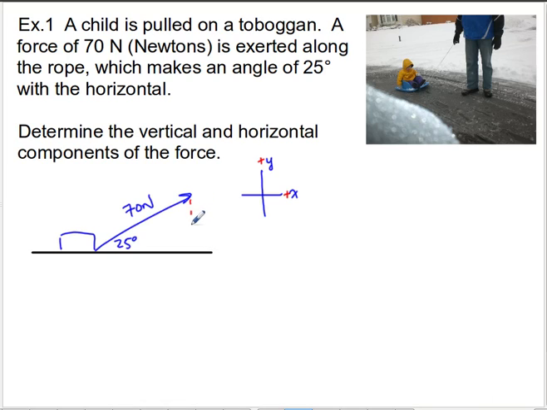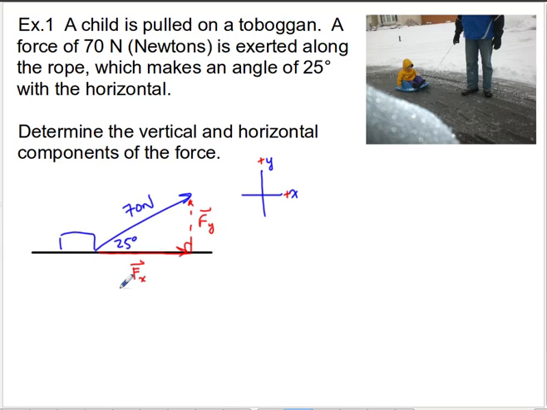I'm going to form a right angled triangle, and I'm going to find how long each of the sides of this triangle are. And so in this case, this is going to be my x direction vector, and this is going to be my y direction component, or vector component.